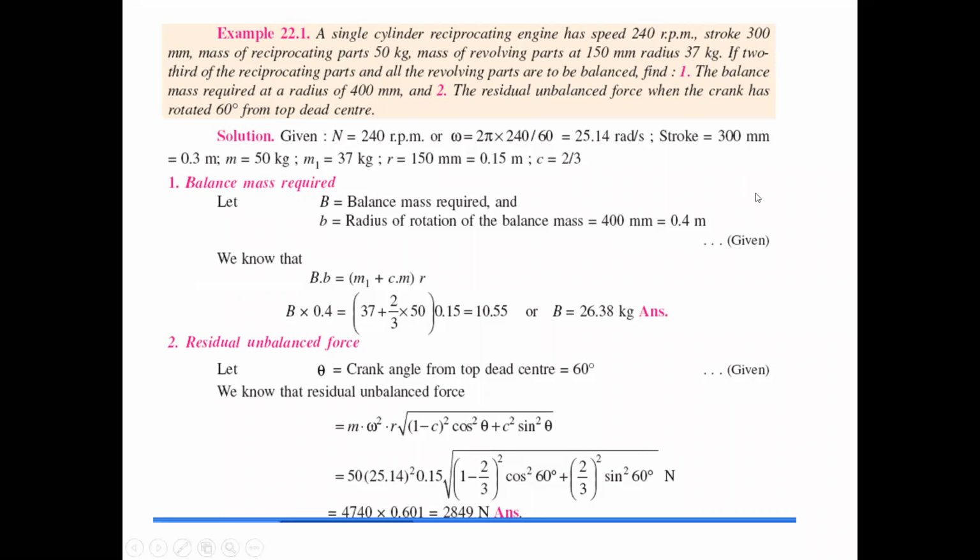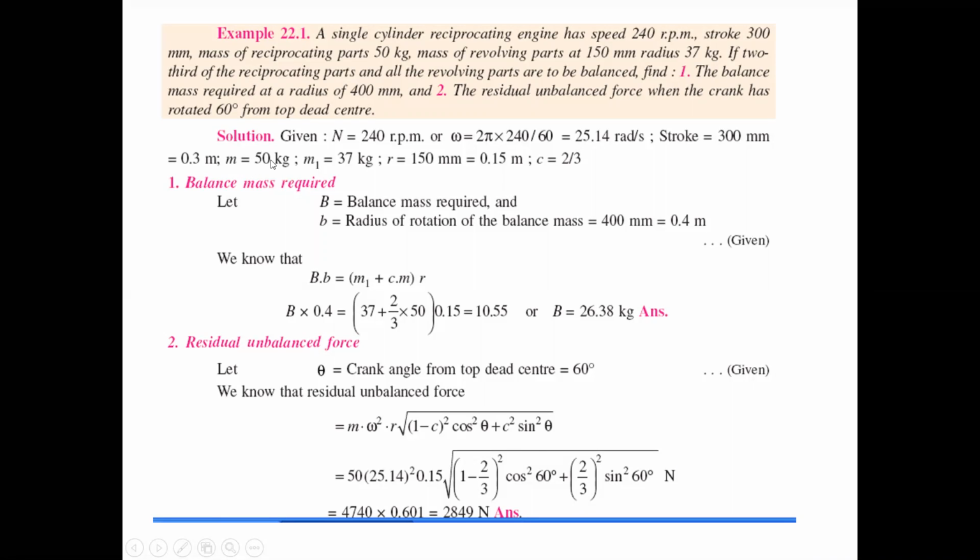Now from the problem description, write the given values. N equals 240 rpm. When we know the n value, simply find omega, which is required for solving the problem. Omega equals 2 pi n by 60, so the value is 25.14. The stroke equals 300 mm, which is converted into meters, 0.3 meter.